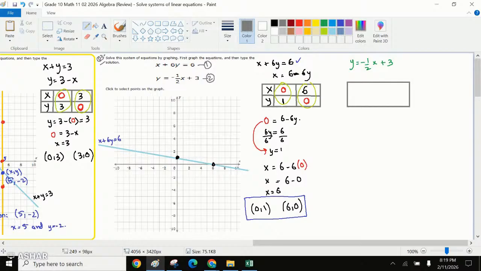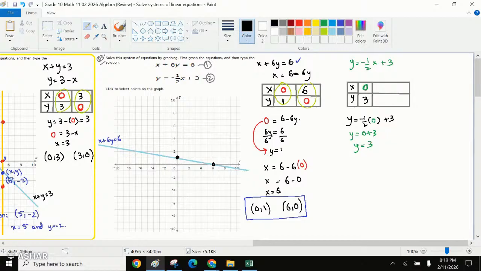If I assume x to be 0, that is very convenient. Why? If I take x to be 0, the equation is y equals minus half multiplied by x plus 3. X was 0, that means 0 plus 3, y comes out to be 3.